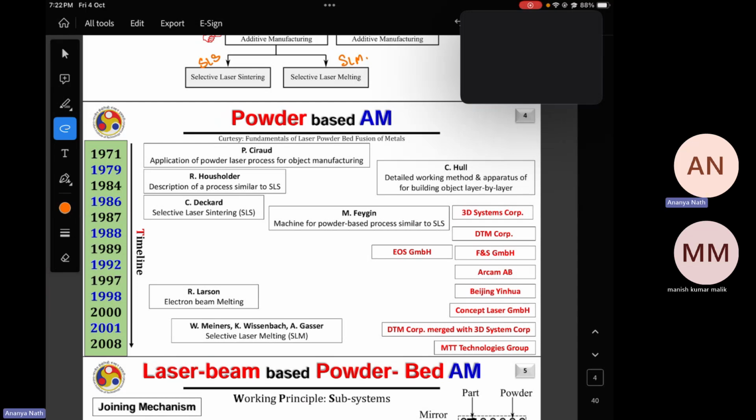So M400 is basically used for multi-material purpose. So they are collaborating with other companies to get multi-material printing in PBF. So those are different types of machine. These M machines are used for metals. There are P machines also, which are useful for polymers. So like that.